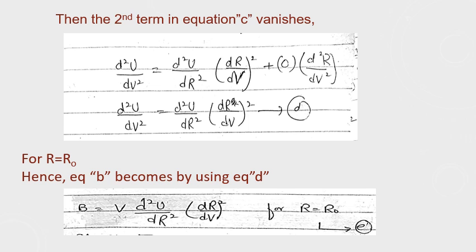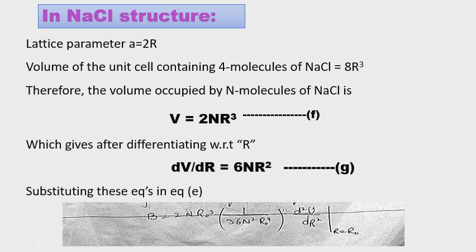For the bulk modulus at r is equal to r naught, in the NaCl crystal the lattice parameter a is equal to 2r. The volume of the unit cell containing 4 molecules of NaCl is equal to a cube. Therefore, the volume occupied by n molecules of NaCl is V is equal to 2n r cube, which gives, after differentiation with respect to r, equation G, that is dV over dr is equal to 6n r square.